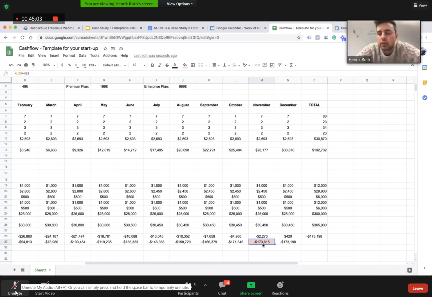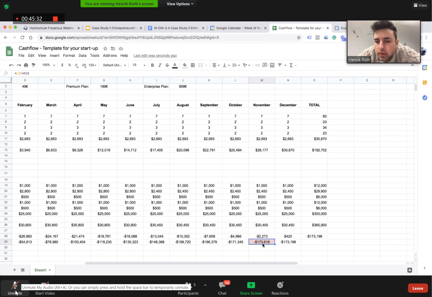Because if you're in the software business, you will always need to develop your product before you actually get revenue. In case of, let's say, a restaurant, you need to invest in marketing and wages, and in the first months the restaurant is probably not so known yet that you make good revenue.